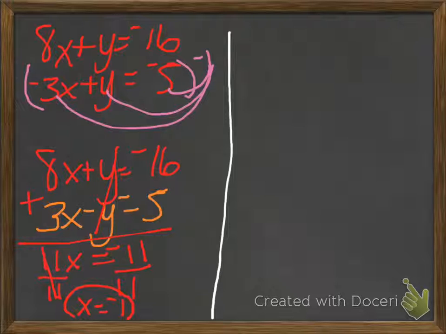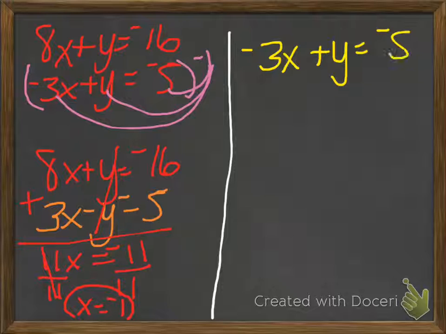So it's going to become negative 3x, because again, I'm going to use the original one, not the one multiplied by the negative 1. I just figured out that x was negative 1, so I'm going to substitute that negative 1 in for the x, and notice I multiplied.